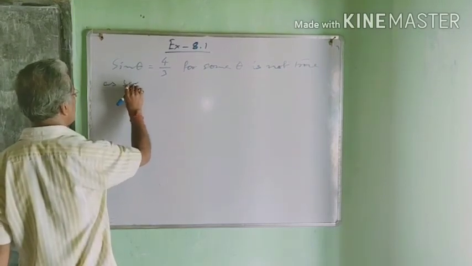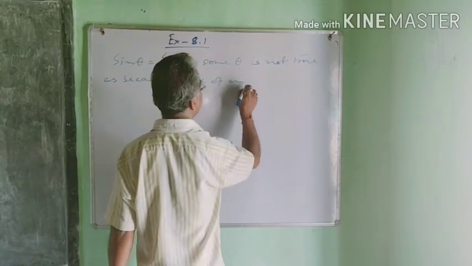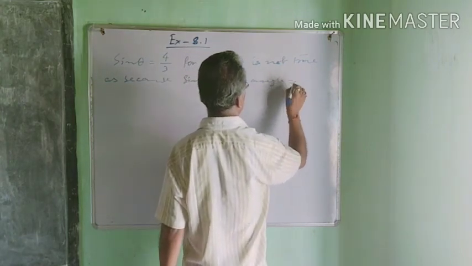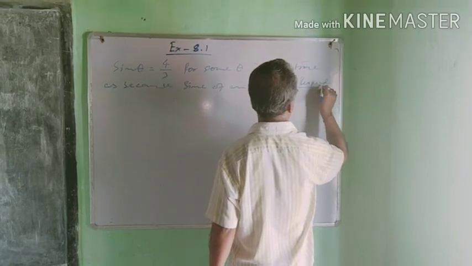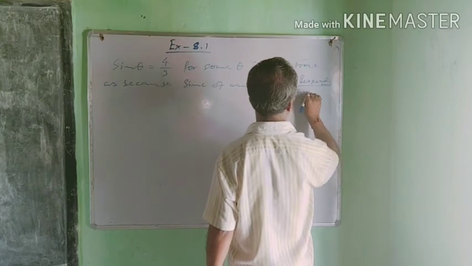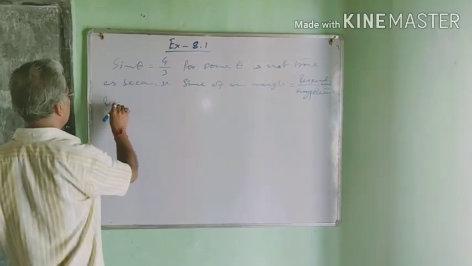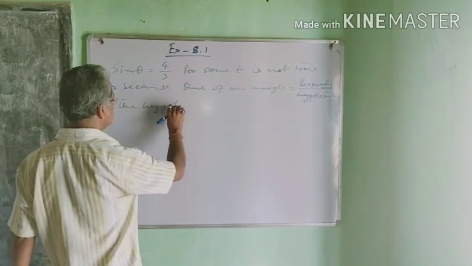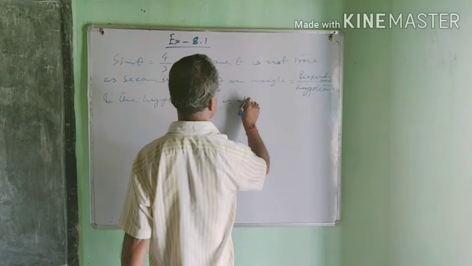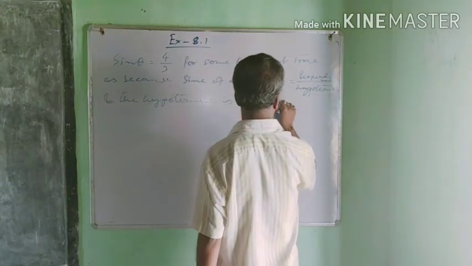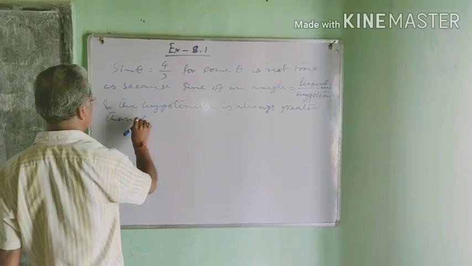As because sine of an angle is equal to perpendicular by hypotenuse, and the hypotenuse is always greater than the perpendicular.